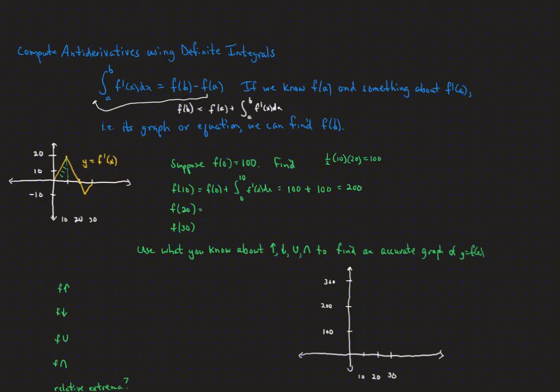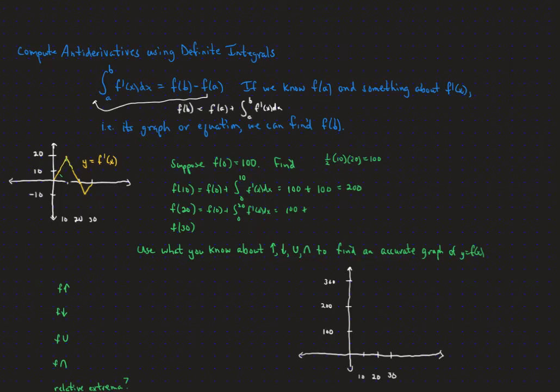Similarly, f of 20 is going to be f of 0 plus the integral from 0 to 20 of f prime of x. And we know the f of 0 is 100, and for the integral from 0 to 20 of f prime, we can do this bigger triangle.